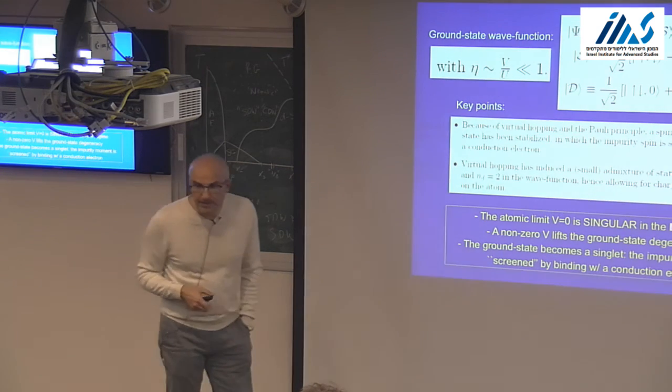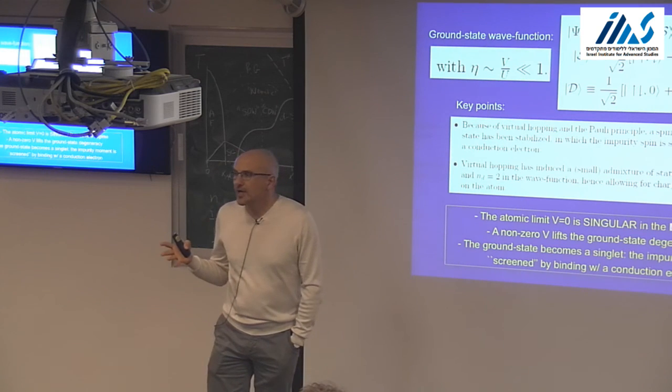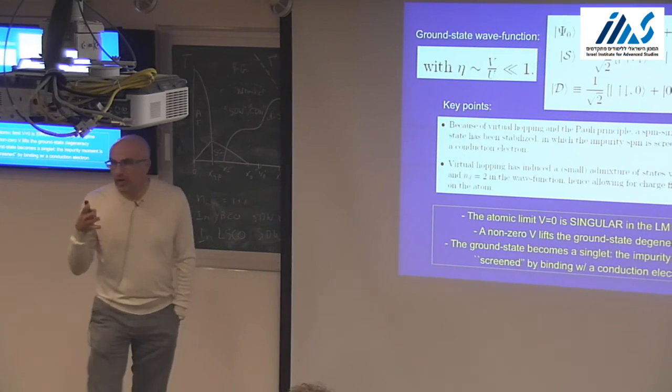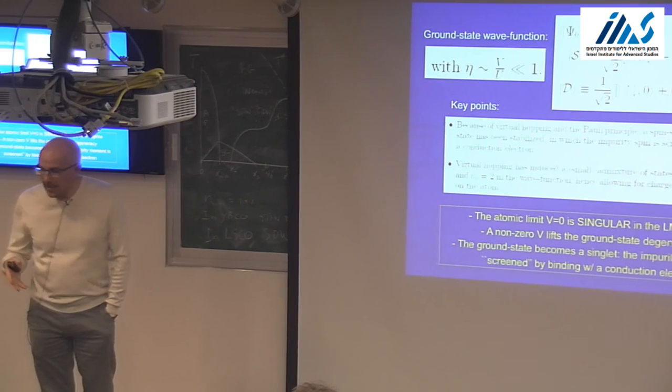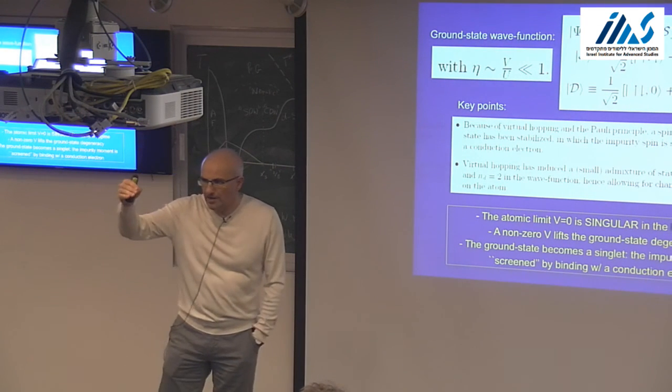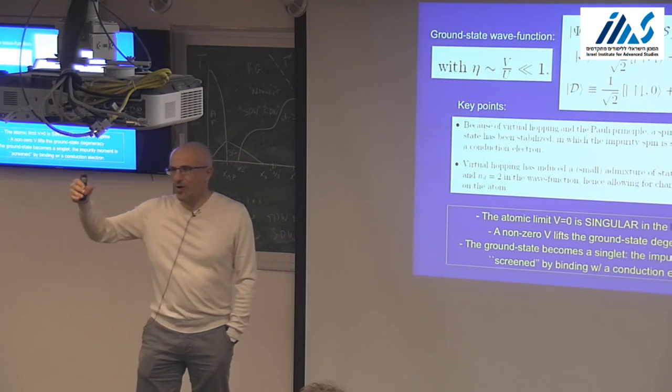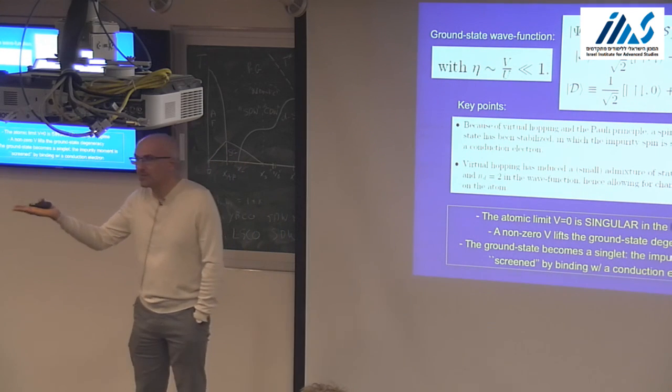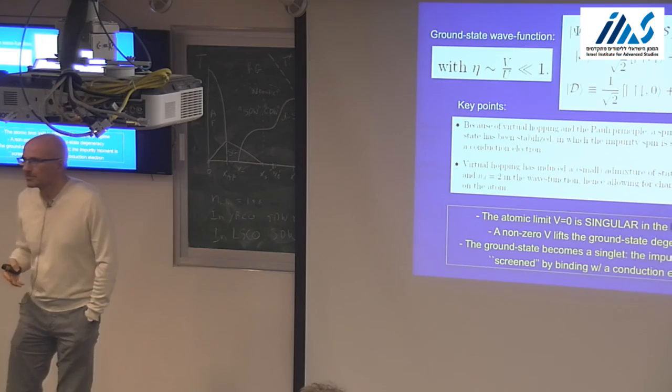So the consequence of this, without doing any other calculation, is that maximum transmission conductance is restored in the local moment regime to its maximal possible value, 2e squared over h.